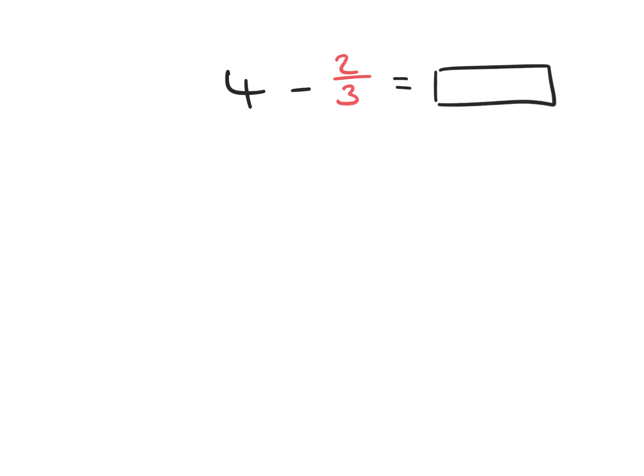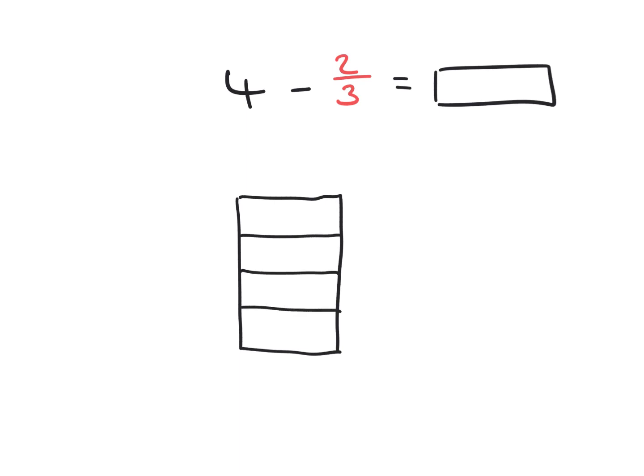So first of all, if I take the value of 4, if I create this tower of blocks like so, we can see that has a value of 4, and what we're going to do is, because we're taking away 2/3, we're going to break the top one, or separate the top one, into 3 equal parts.